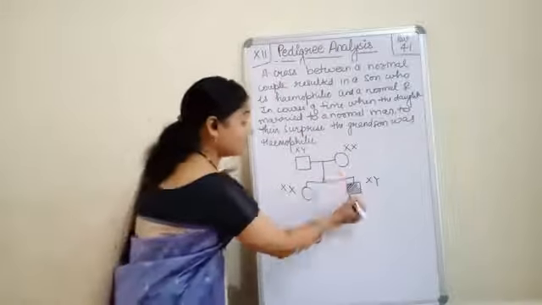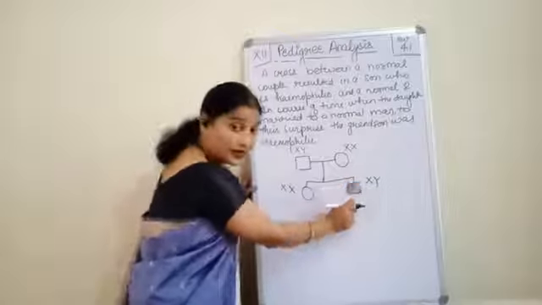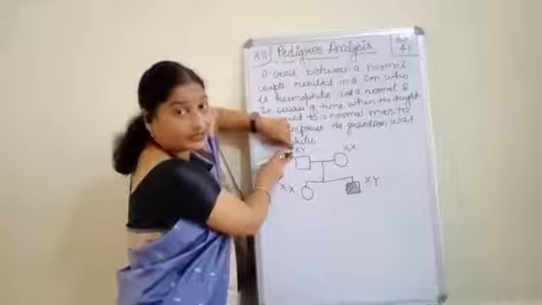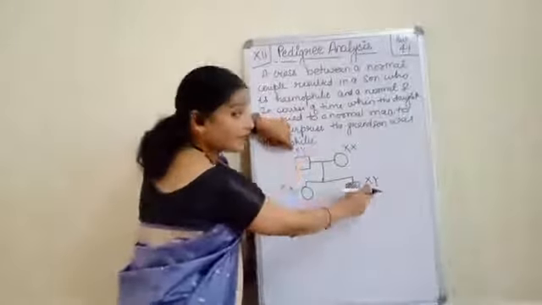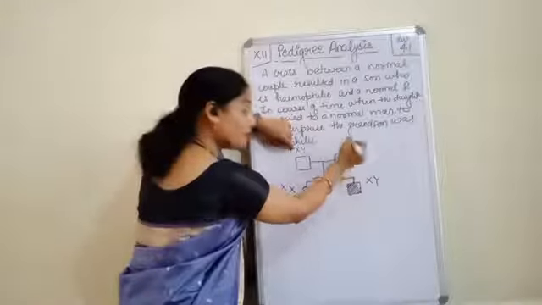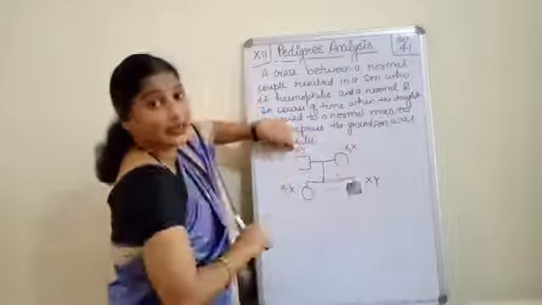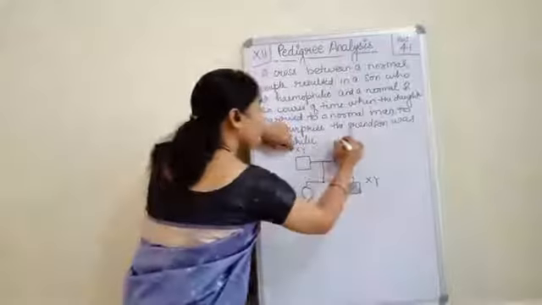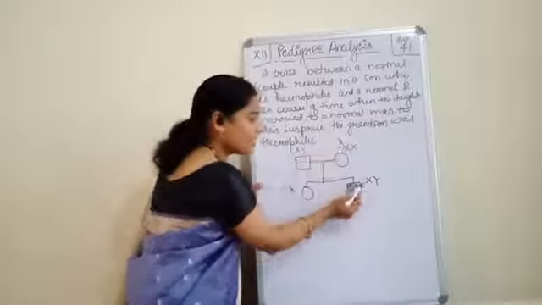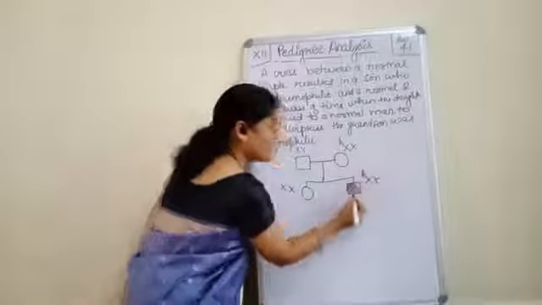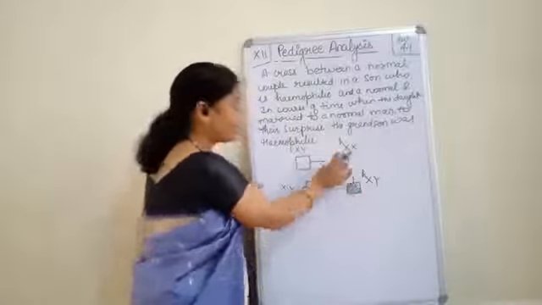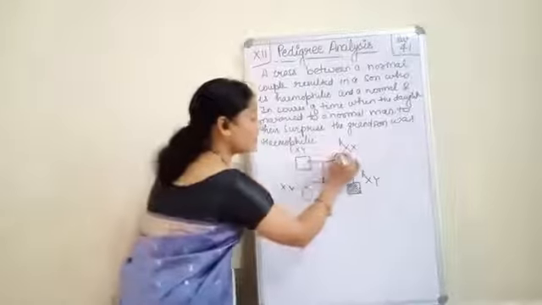So, if the boy is hemophilic, it means the X chromosome of the father is alright because the father is transferring the Y. Clear? And the X gene of the mother must be hemophilic. So this is hemophilic and by chance only this X chromosome has come here and because of that the son has got hemophilia. So how is the mother? Mother is the carrier.